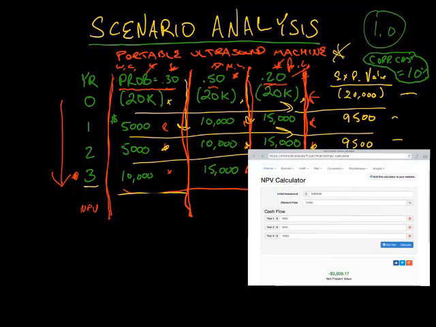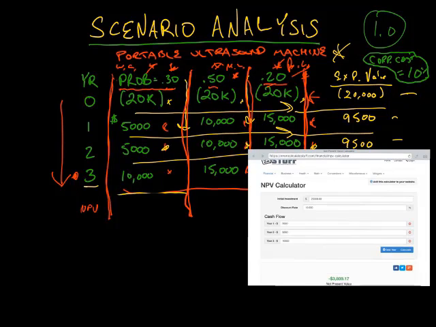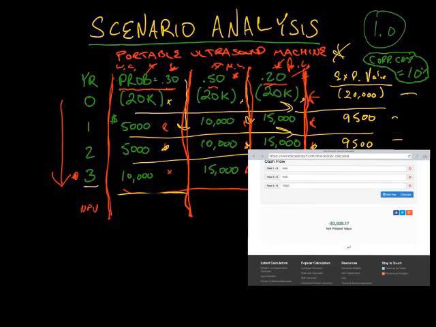We've got the $20,000 initial investment already set. Remember, we're doing the 50% probability now, the most likely event. So hold on here, I'm trying to get that window to activate. I think we got it here. All right, so in year 1, it was 10,000, so let's get rid of that, 5,000.